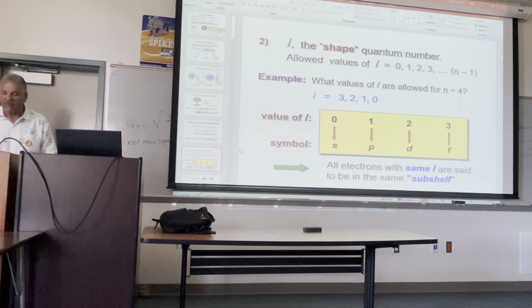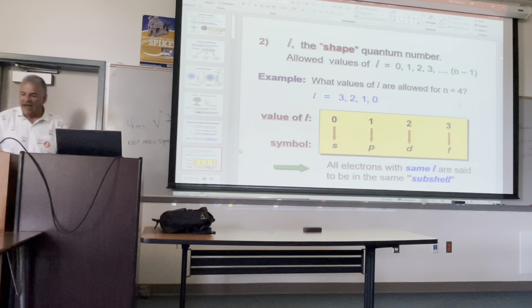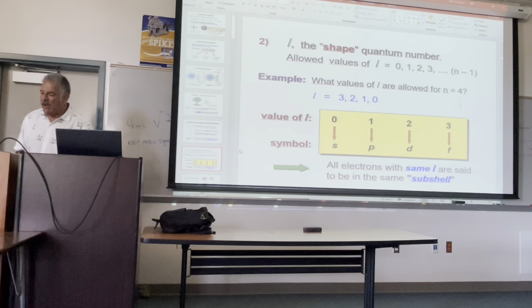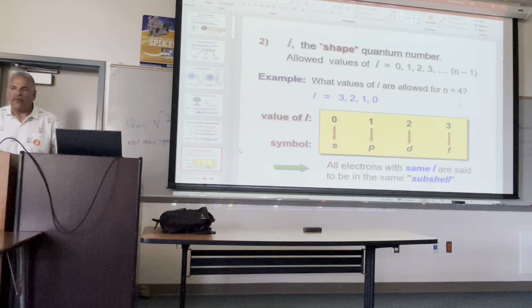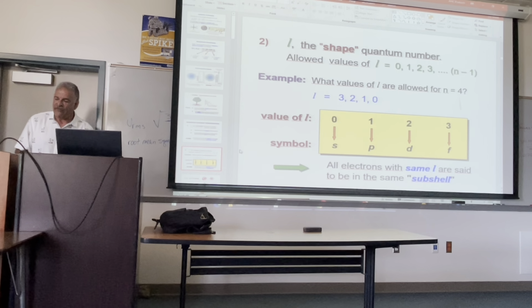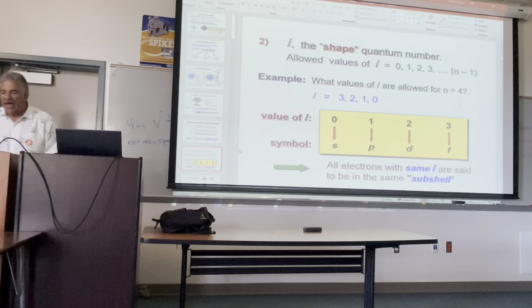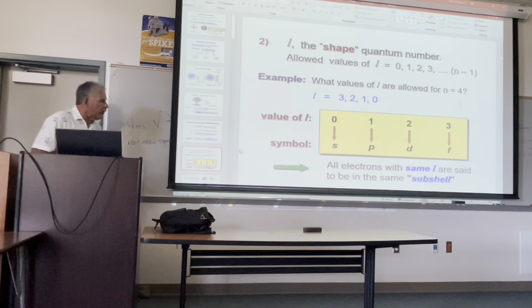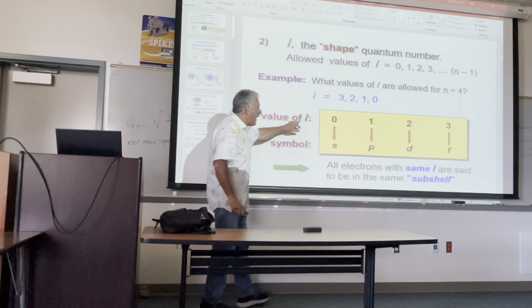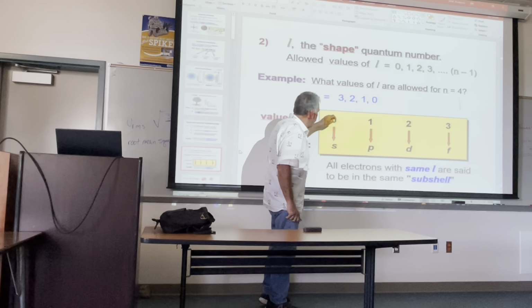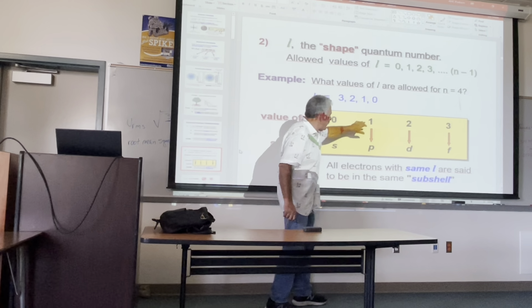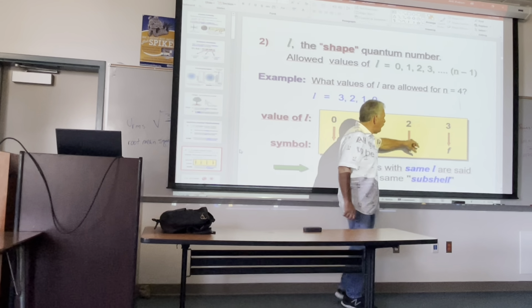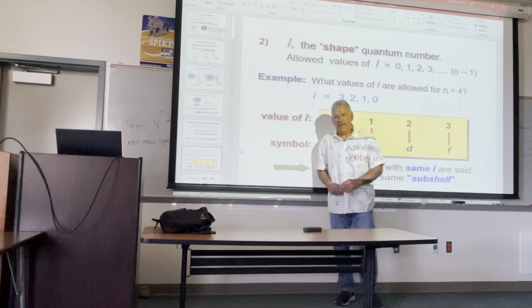L is the shape quantum number. Allowed values are 0, 1, 2, 3, up to N minus 1. There are no negative shapes. There are only positive shapes, right? So if you have N equals 4, you can describe the shape of S at 0, P at 1, D at 2, and F at 3, right?